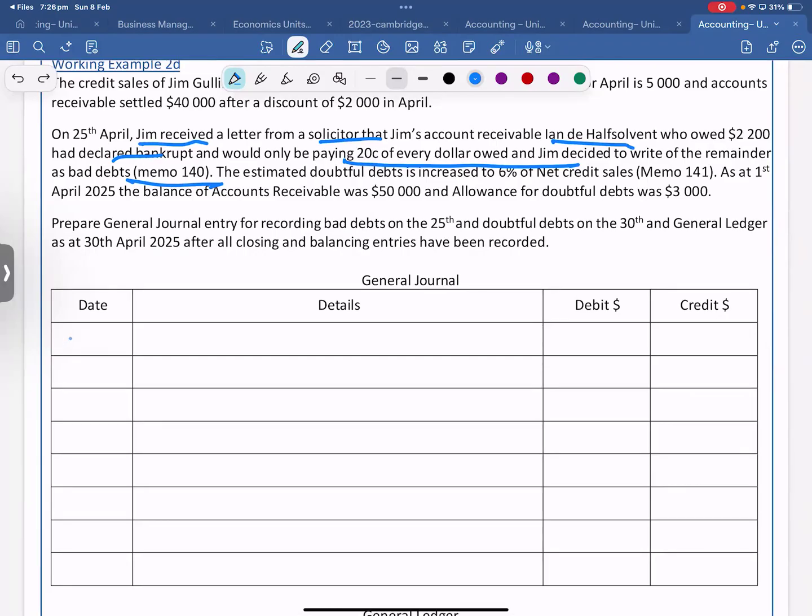Then what do we do, guys? What is the date? April 25th. Then we debit the bank. How much? 440. Again, we debit the allowance for doubtful debt.